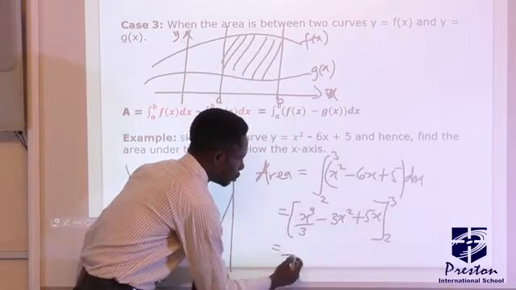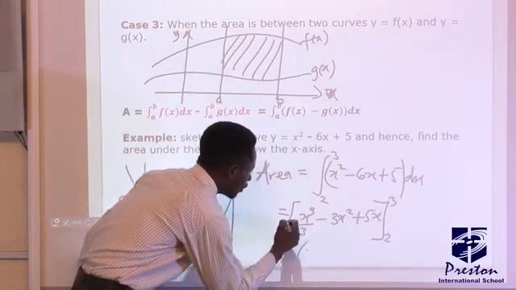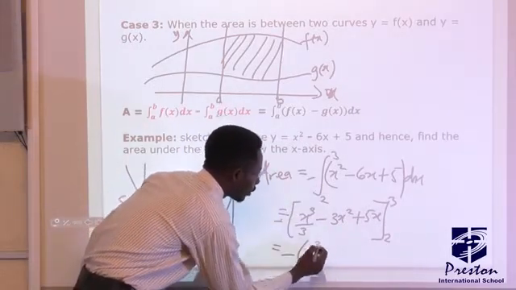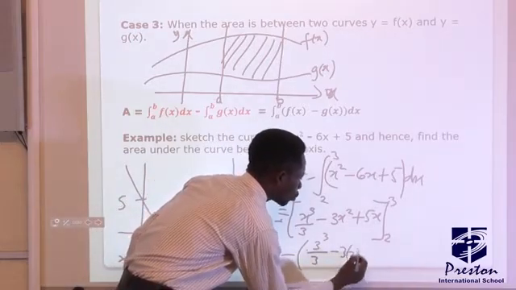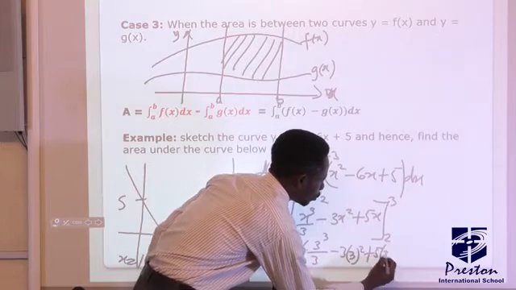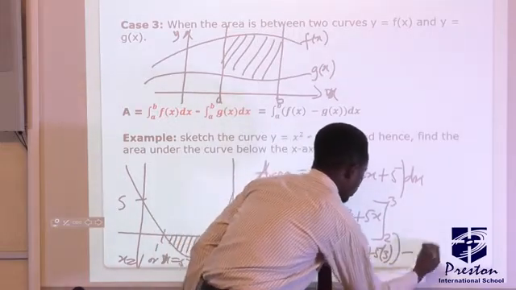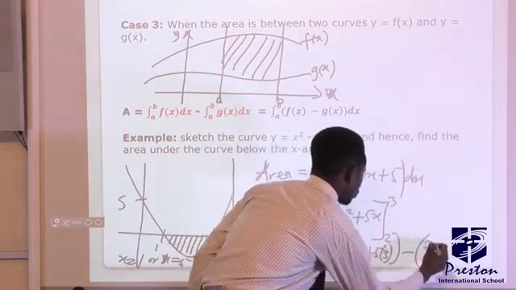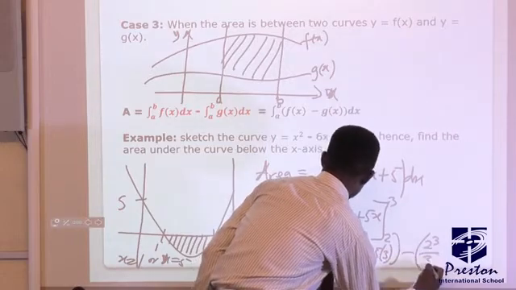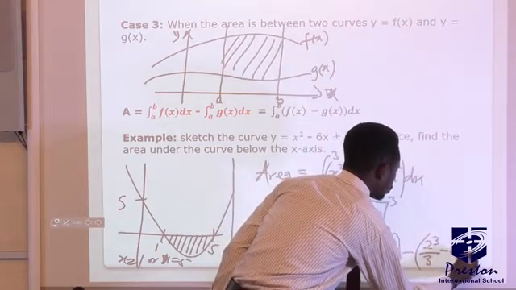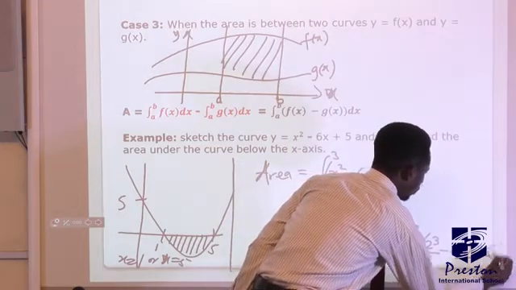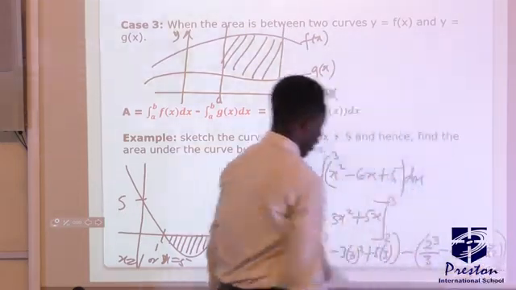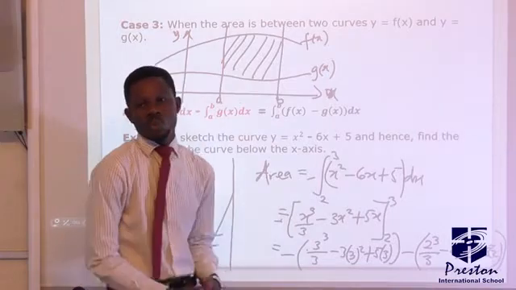And lastly, you are going to be having something like negative of 3 cubed over 3 minus 3 into 3 squared plus 5 into 3, all in brackets, then minus 2 cubed over 3 minus 3 into 2 squared, then plus 5 into 2, all in brackets. And your final answer will always be in square units.